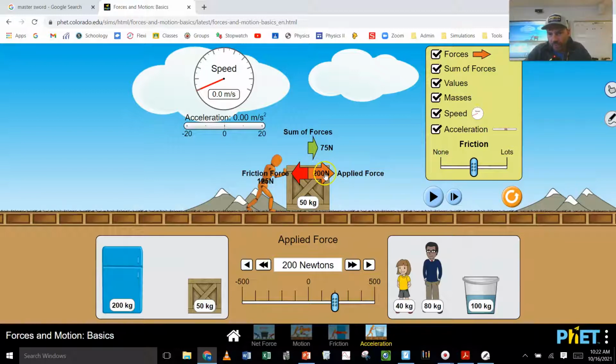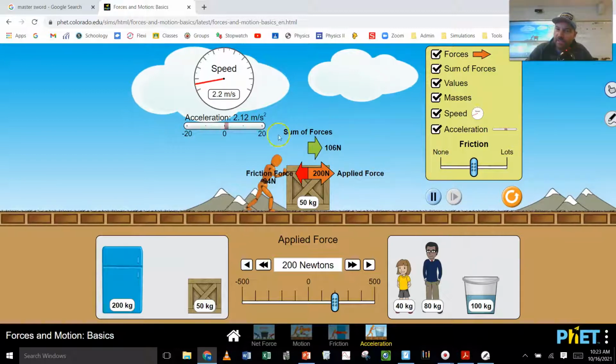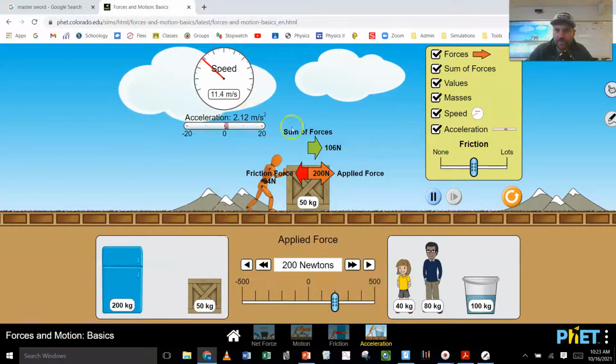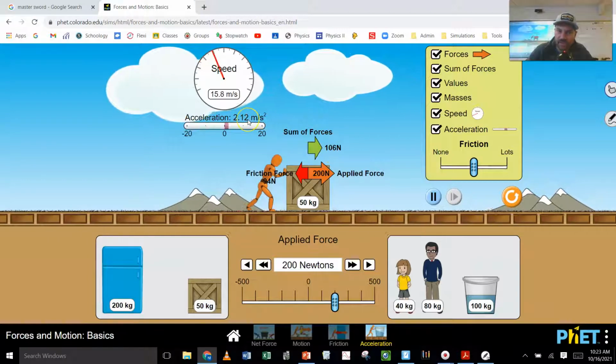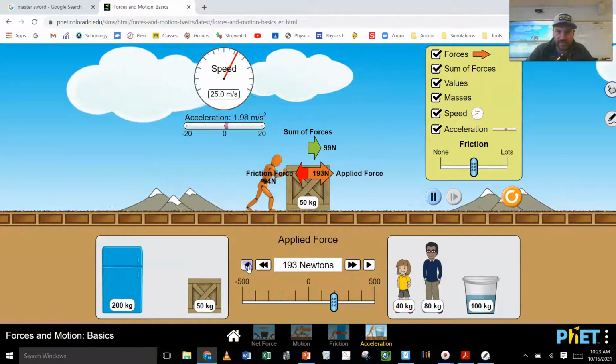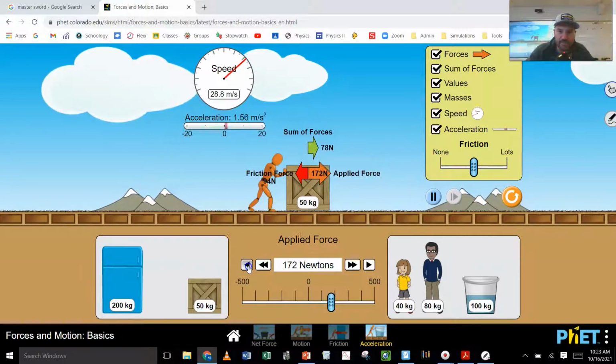So, 200 minus 125, I have a net force of 75. If I have a net force, then I have acceleration. Do you see it? Net force, acceleration.